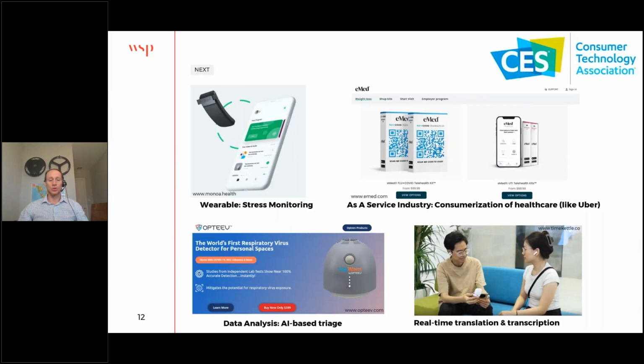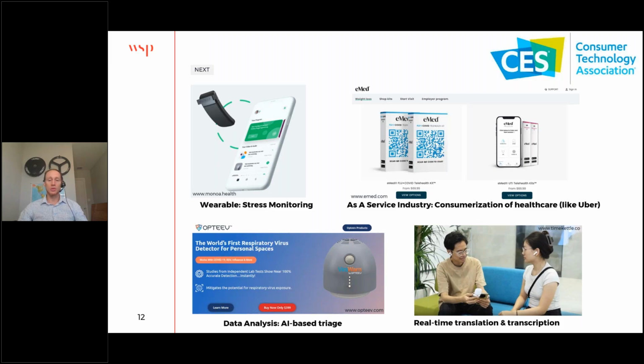So to look at the next, or to consider the next, we need to look at what are the trends and what's happening out in the development space. So a good example is having a look at what's launched at CES. CES, the annual consumer electronics show, taking place every year, and it's coming up very soon again.